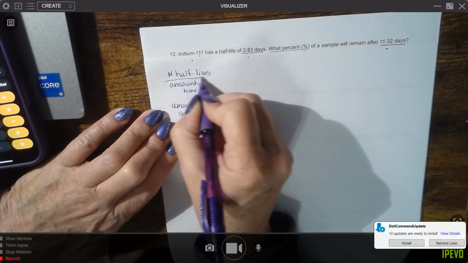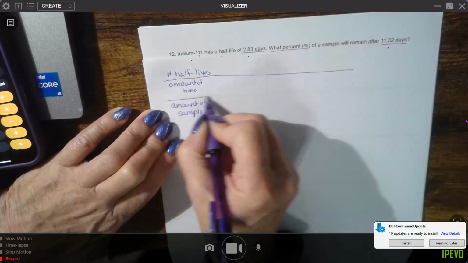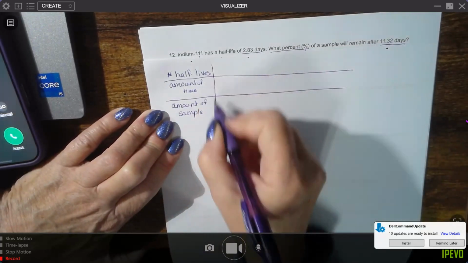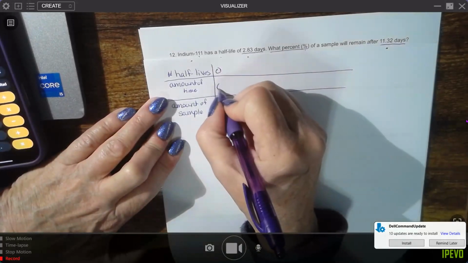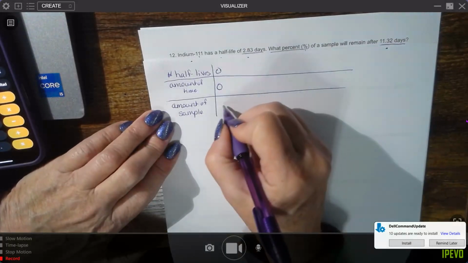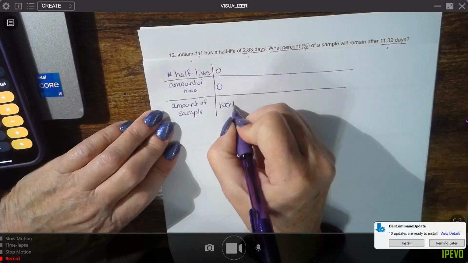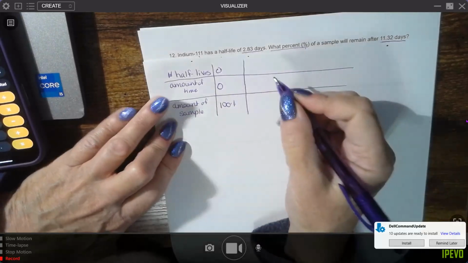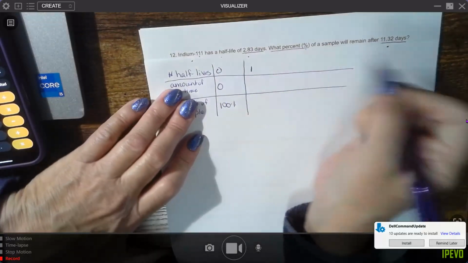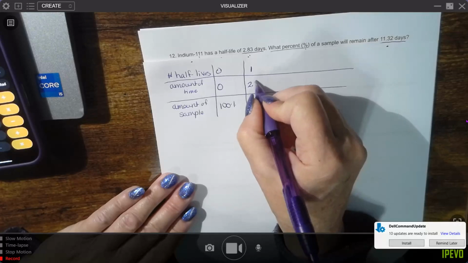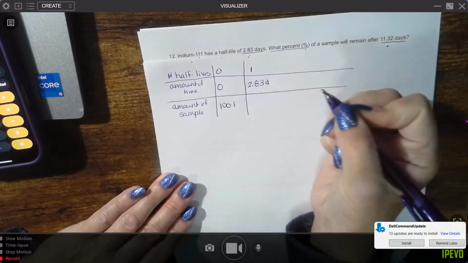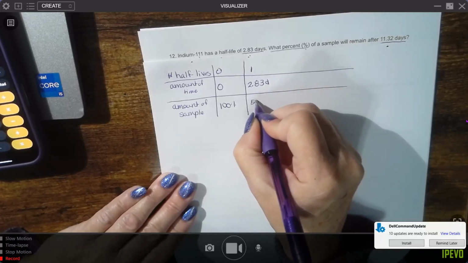All right, so if we think about this, at time 0, so 0 half-lives, 0 time, we have 100% of our sample. After 1 half-life, so what is our half-life? Our half-life is 2.83 days. We would be down to 50% of our sample.